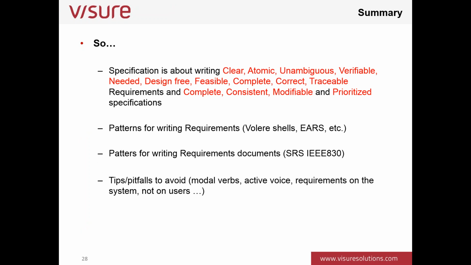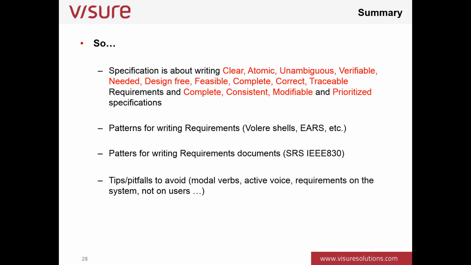Okay, so we are just running out of time. So let's summarize what we have learned today. Apart from what we already learned in previous webinars about requirements elicitation, analysis, and a bit about specification, today we have learned that in order to write down requirements, those requirements must be clear, atomic, unambiguous, verifiable, needed, design-free, feasible, complete, correct, and traceable.